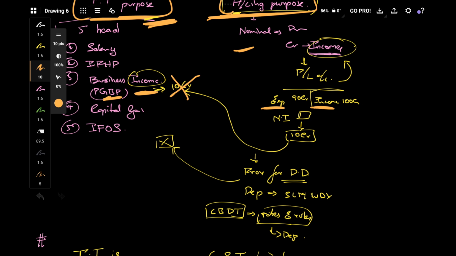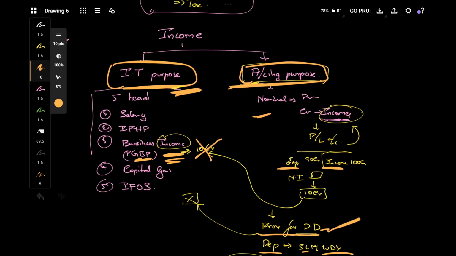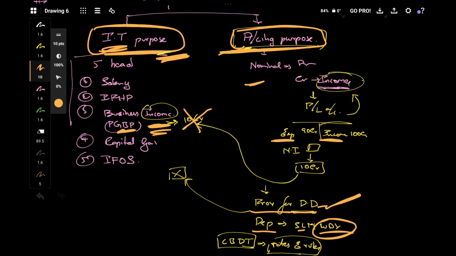In case of accounting purposes, we consider expenses like provision for doubtful debts. We consider depreciation on SLM and WDV. But in case of income tax purposes, we have to consider depreciation only on WDV. For some power sector projects and all, we can take SLM, but mostly we'll take WDV.